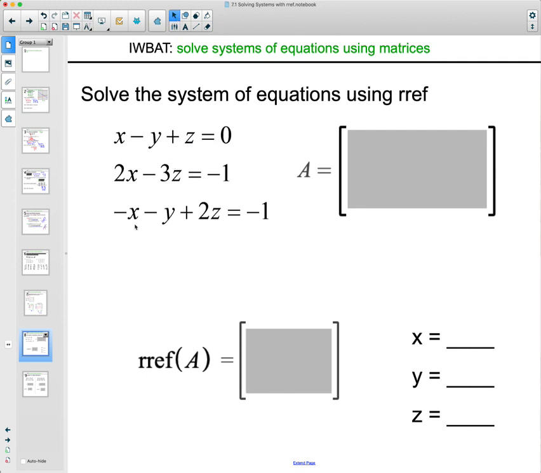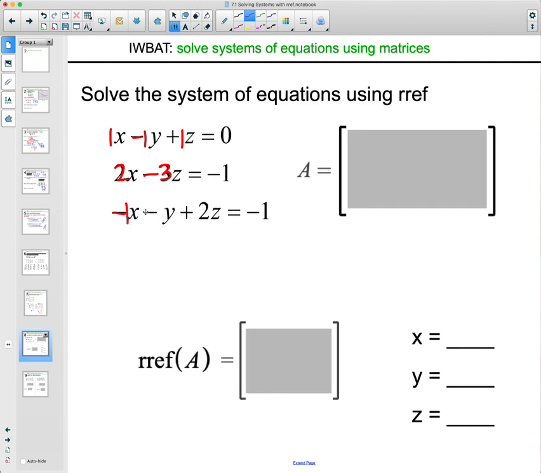Okay, so we've got this system. We've got all the variables over on the left. Okay, so make sure you always have that. You've got your constants on the right. So we see all of our x's, all of our y's, and all of our z's. So when we go to write our augmented matrix here, okay, so we've got 1, negative 1, 1 for that top row, 2, no y, and then a negative 3z.